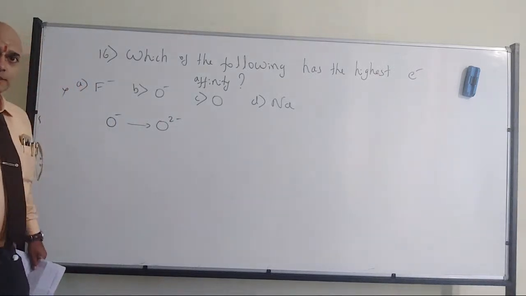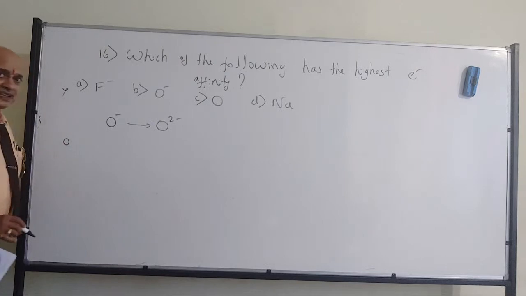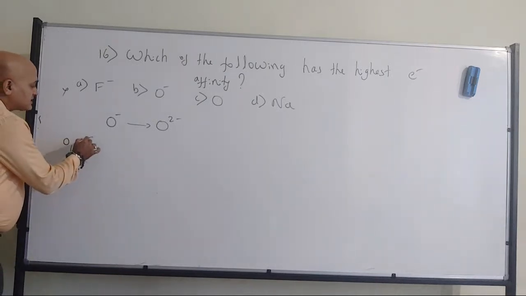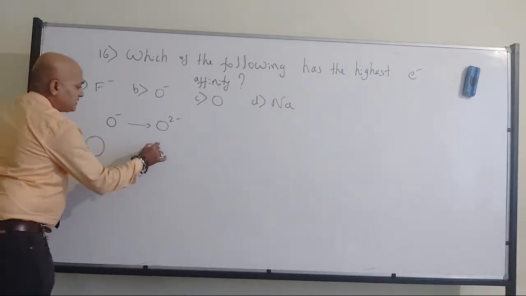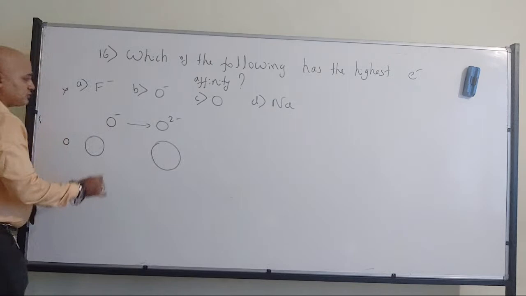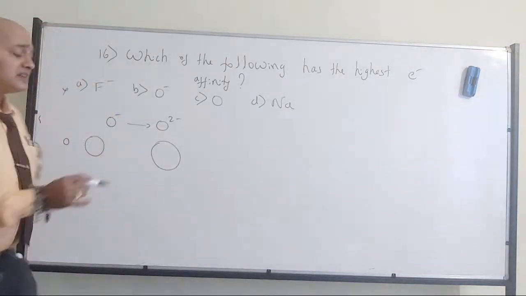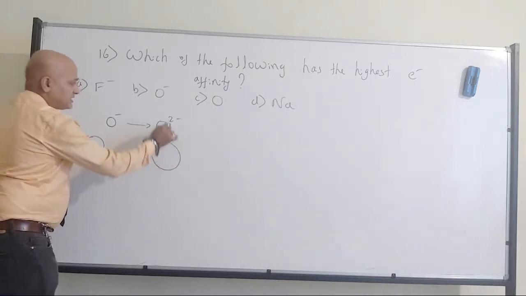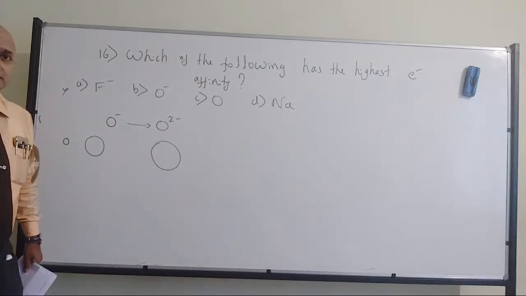That is one thing. But when it comes to oxygen, this is the size of the oxygen and this will be the size of the oxyanion, that is with 1 minus charge. And this will be the size of O2 minus, that is oxide.